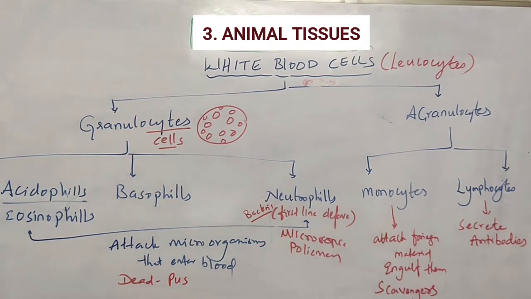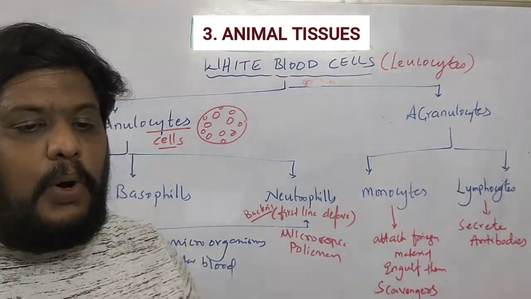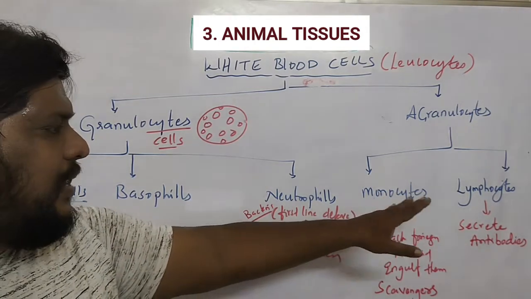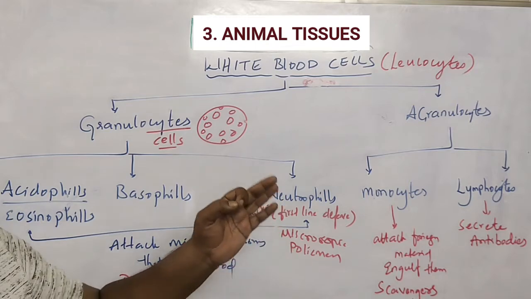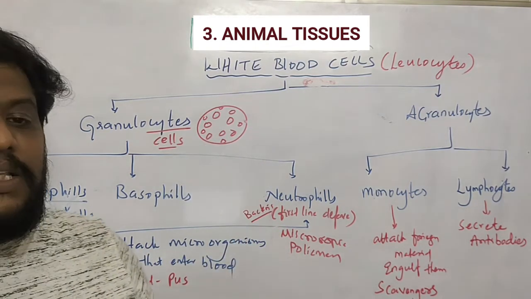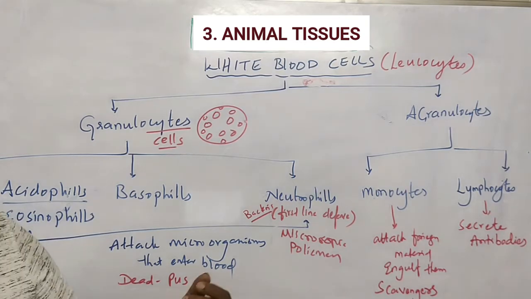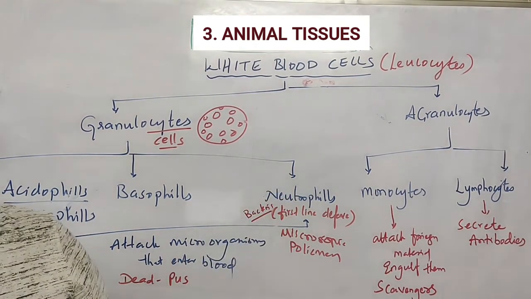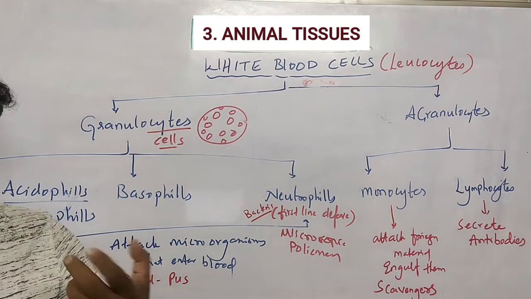And now coming to the agranulocytes. There are two different cells here: one is monocytes and the second one is lymphocytes. These monocytes and lymphocytes are also very important. The lymphocytes are the ones which secrete the antibodies. Nowadays, in the season of Corona, we are especially talking about the development of antibodies.